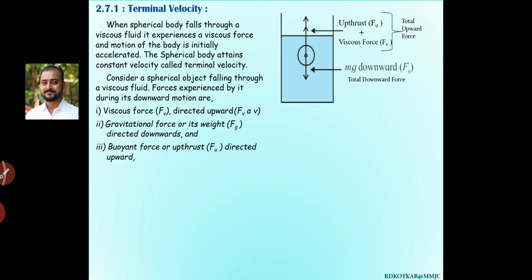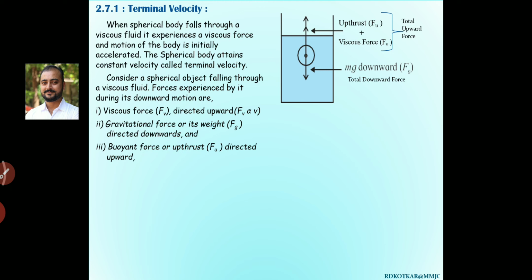This is the force acting on a body due to the liquid, and it acts in the upward direction. So it is the upthrust force, shown by Fu. This means two forces are acting in the upward direction and one force is acting in the downward direction.